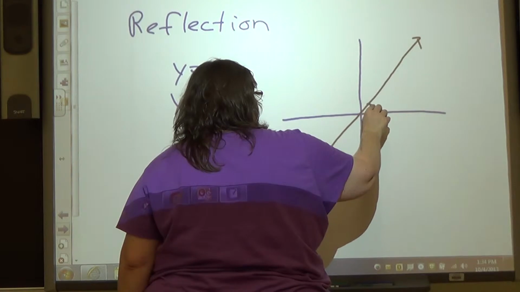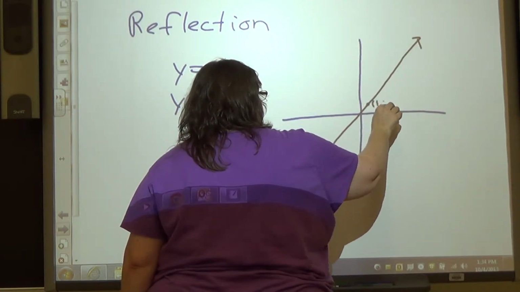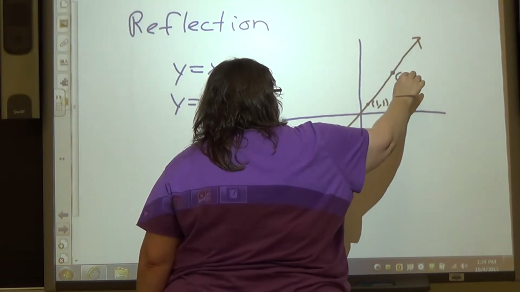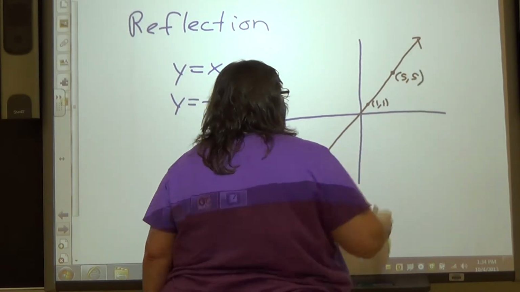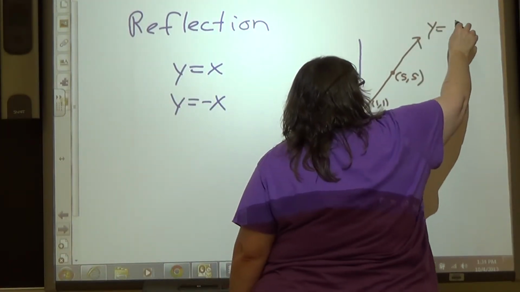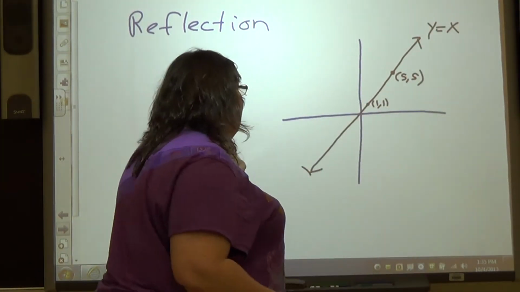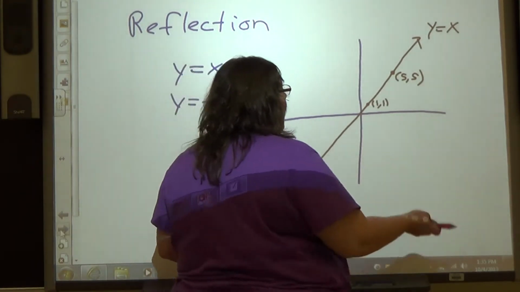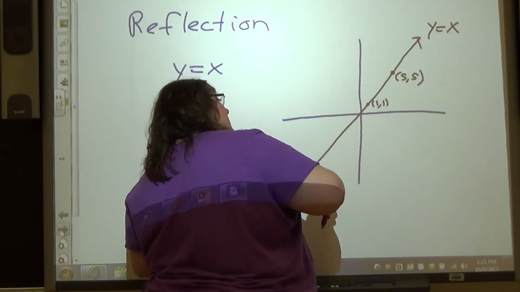This would be like 1, 1 right here. Okay, say I go up here and this is like 5, 5. Okay? That's how y equals x looks. Where y equals negative x goes the other way, because whatever I plug in for x, it's going to change the sign.